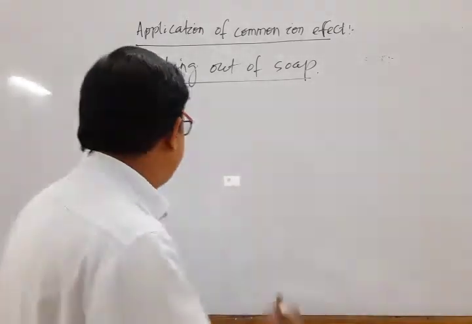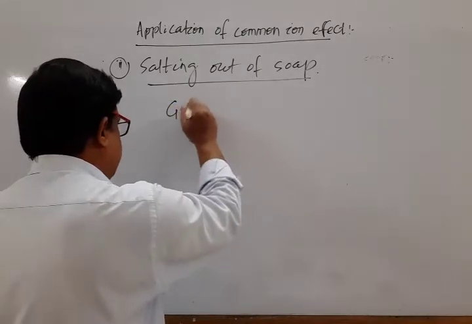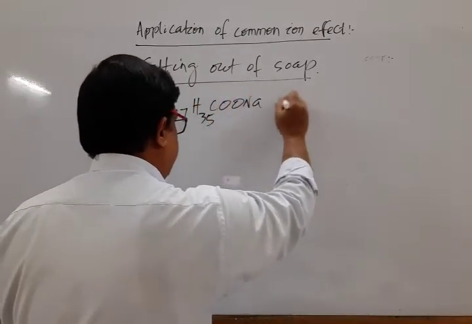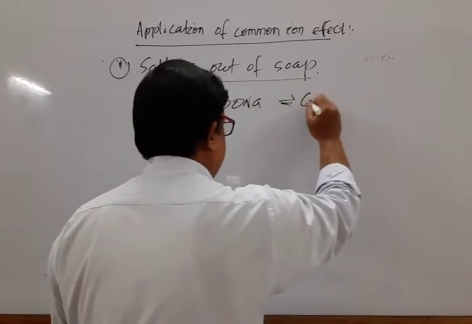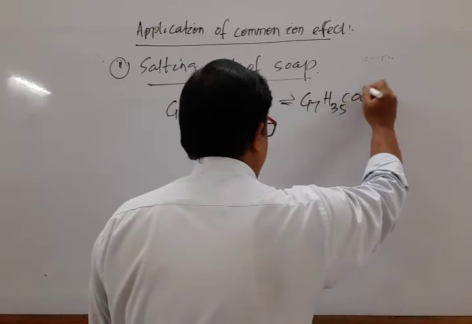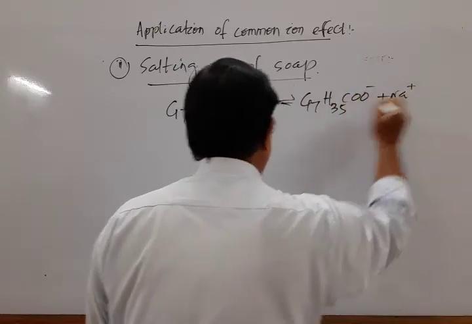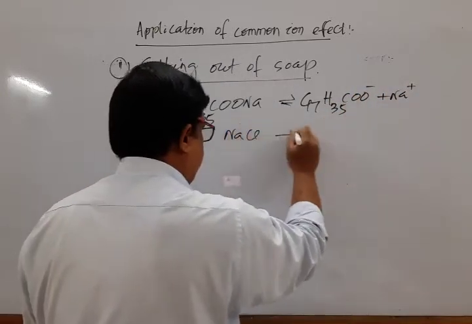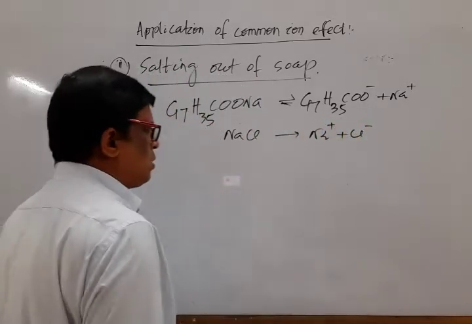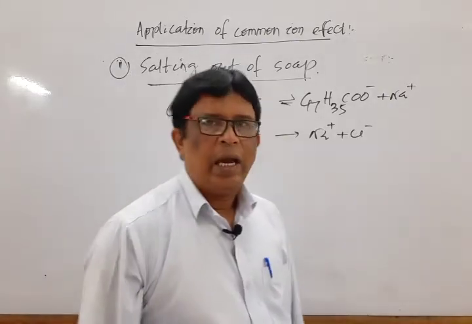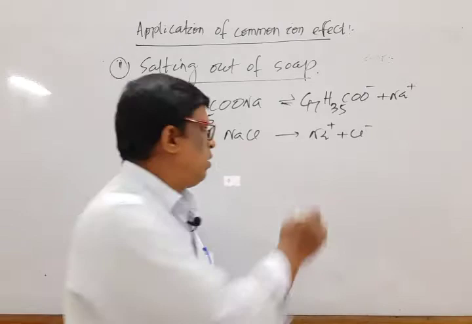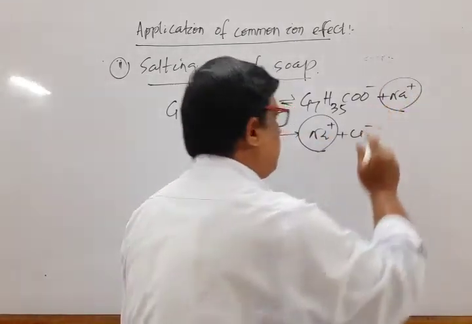Mark that equation: sodium stearate, C17H35COONa, a weak electrolyte, breaks down to C17H35COO minus plus Na plus. Sodium chloride, a strong electrolyte, dissociates to Na plus and Cl minus. What do we observe here? A common ion. Mark that.